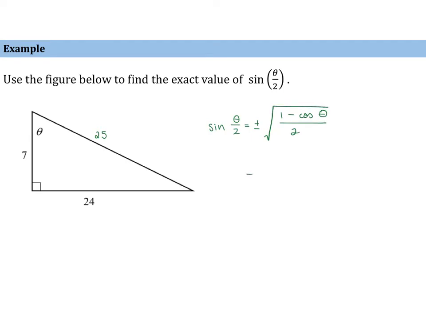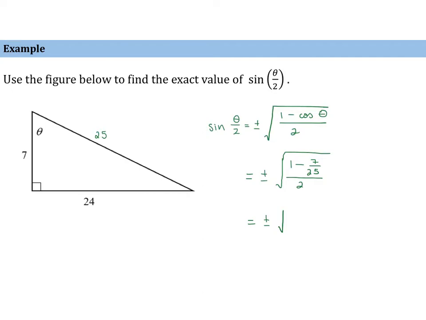Now let's evaluate that expression. That's positive or negative the square root of 1 minus, and now cosine of theta is 7 over 25, all over 2. Now, that's positive or negative.